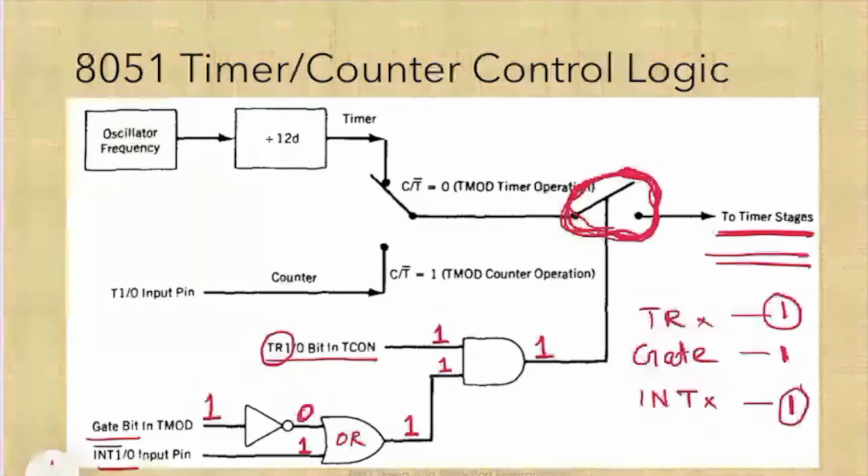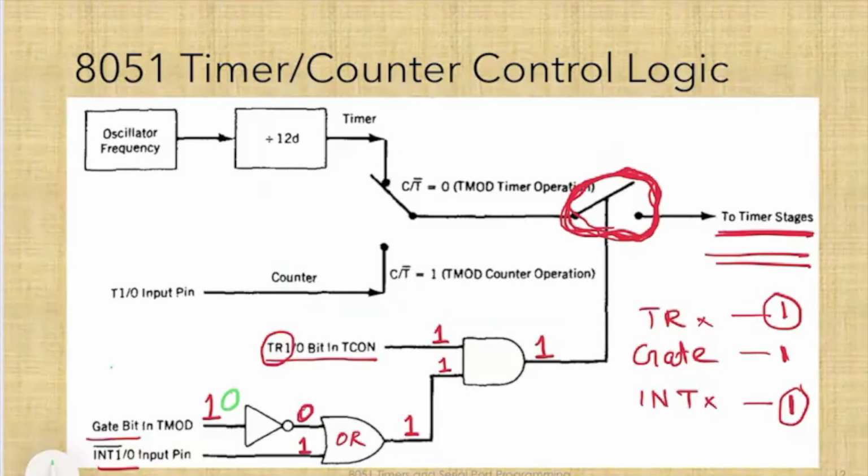There is one more possibility for the gate, right? What is that? When gate is 0. If gate is 0, what happens? If gate is 0, the output of this NOT gate will be 1. If this output is 1, then irrespective of this INT0 status, now INTX, I don't care.